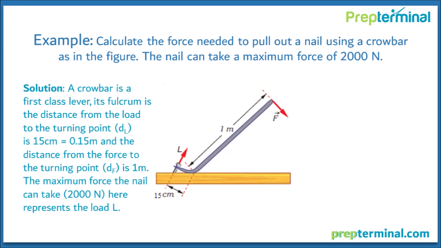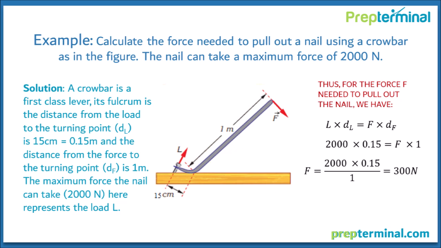The maximum force the nail can take, 2,000 newtons, here represents the load, L. Thus, for the force F needed to pull out the nail, we have L times dL equals F times dF. 2000 times 0.15 equals F times 1. F equals 2000 times 0.15 divided by 1, which equals 300 newtons.